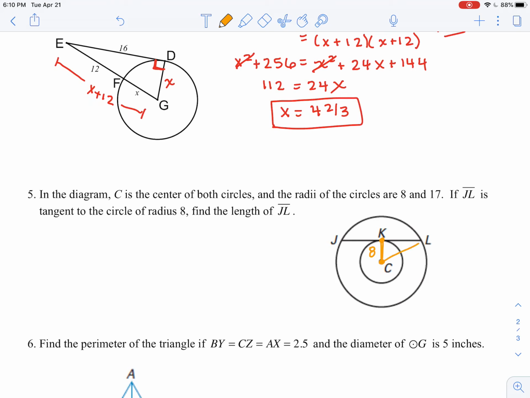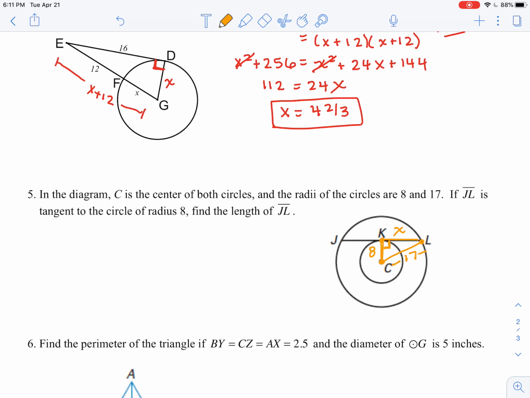Then a radius for the large circle, CL, and label it 17 units. It says if JL is tangent to the smaller circle, find the length of JL. Well, I can see that if that's a tangent, it must be perpendicular to the radius that we labeled 8 units long. So I have a little right triangle.